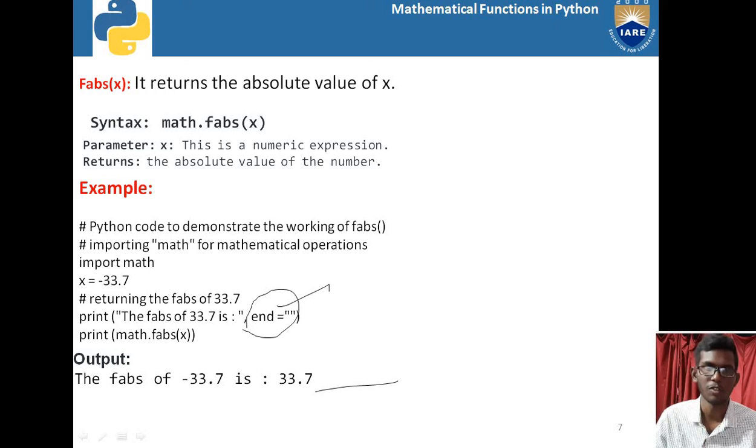It means when we print two outputs, it gives the output side by side. The fabs of minus 33.7 is 33.7. So when we print math.fabs x, it gives the answer 33.7. Okay, fabs is completed. Now we go to another slide.